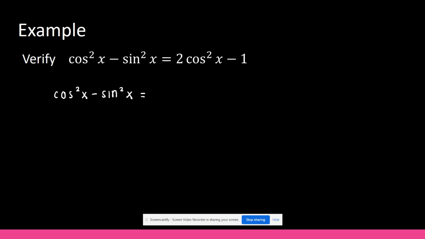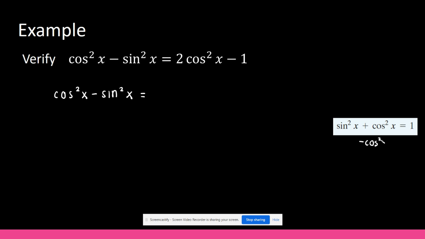So how am I going to do that? Well, because the right side is only dealing with cosine squared, I'm going to leave the cosine squared as it is, but notice that that means the sine squared term is going to have to get manipulated. If we look at our identities, anytime we're talking about squared terms, we're talking about the Pythagorean identities. So if I want to know how I can replace sine squared, just like in our last problem, I'm going to manipulate this Pythagorean identity to get sine squared by itself.